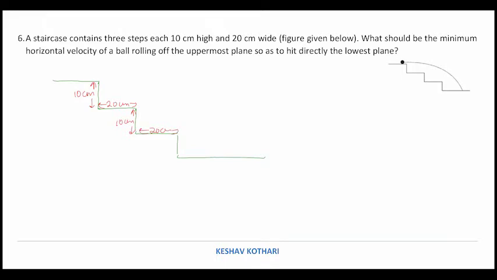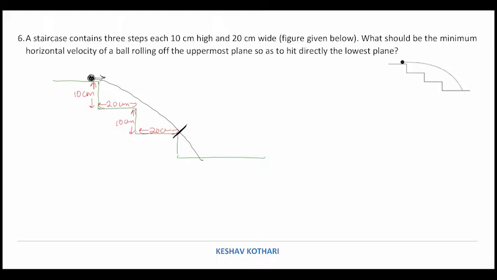So if the ball follows a trajectory like this, that if the ball is thrown from here, then it should follow a path like this to land somewhere here. So what is important is that the ball must escape this point. If the ball escapes this point, then it will be successful in reaching the lowest plane.